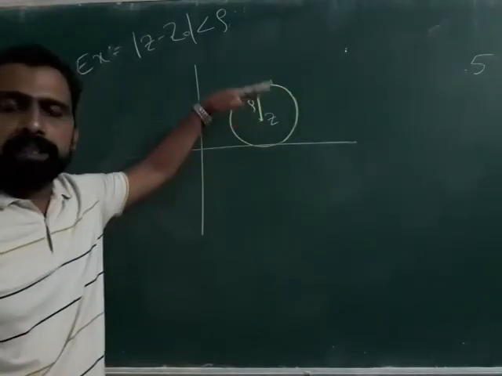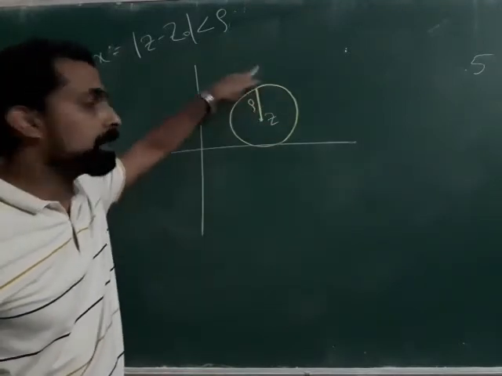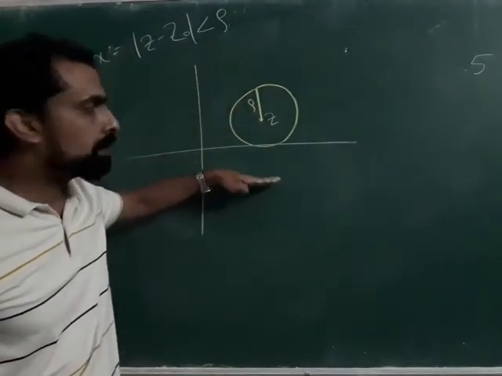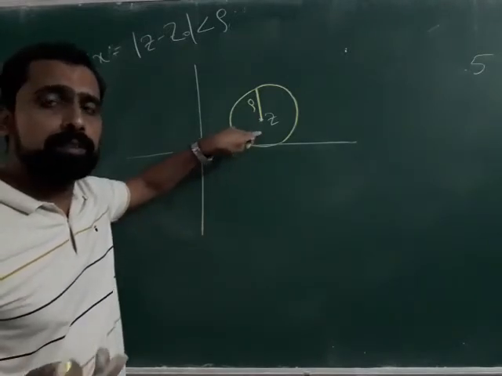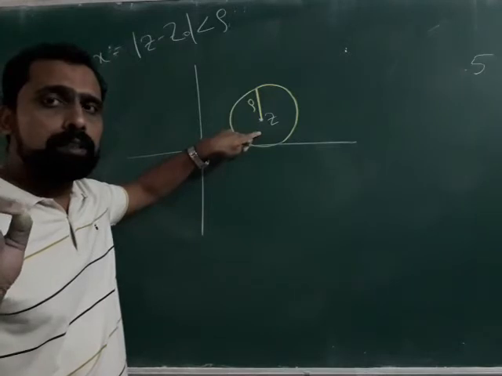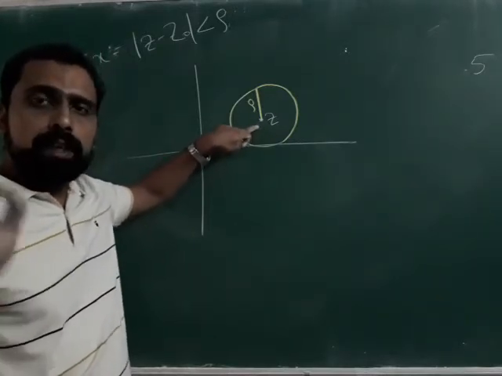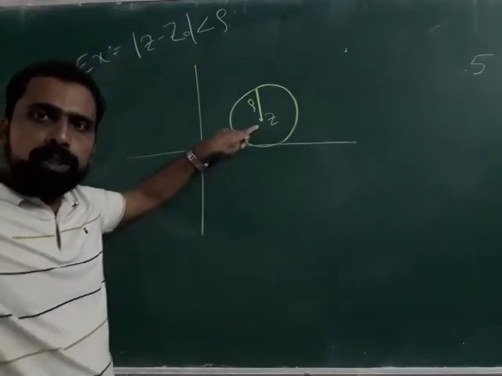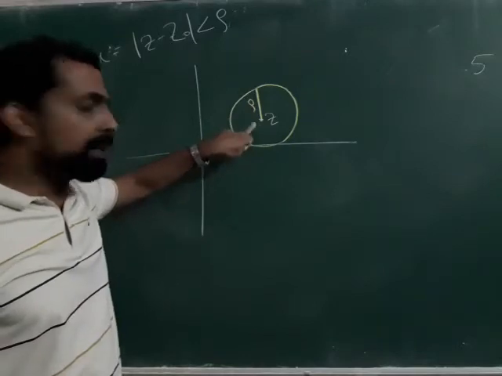It may be completely in the positive side, or partially in the first quadrant and then partially in the other quadrants. It depends upon where your z is, or where your origin is located. From that point, you just draw a circle with radius rho. It may be like this.